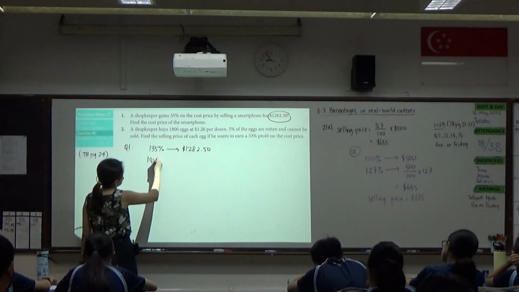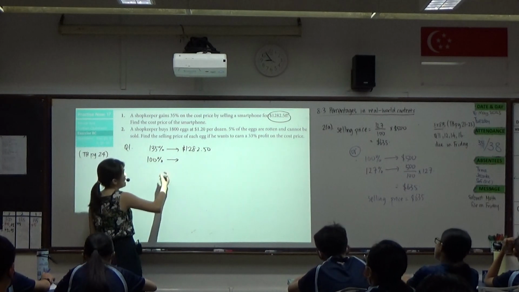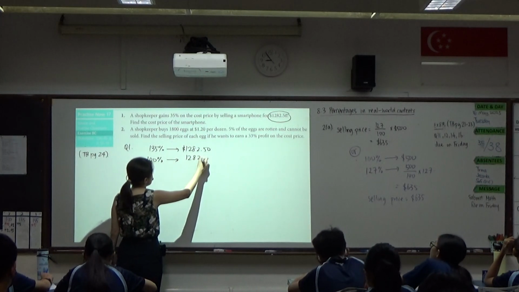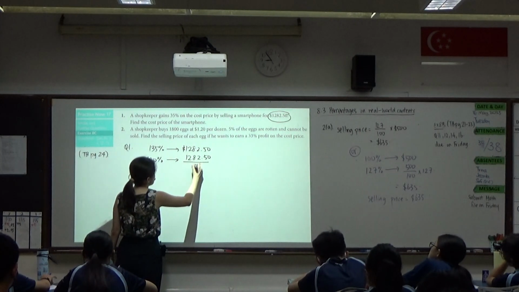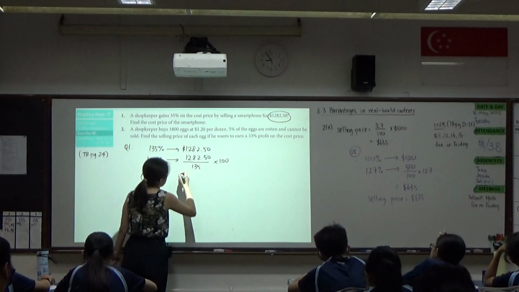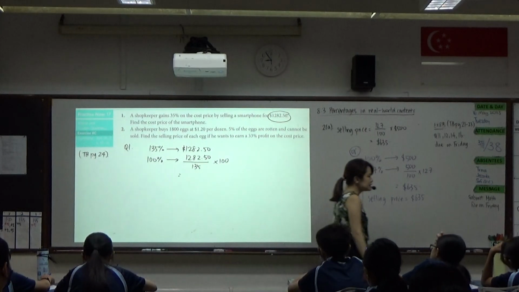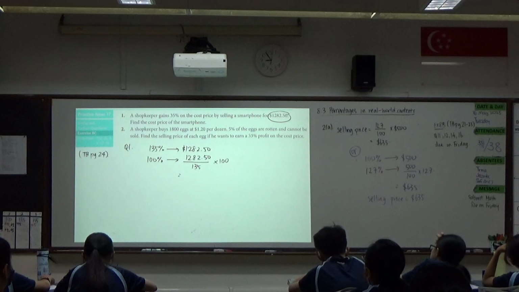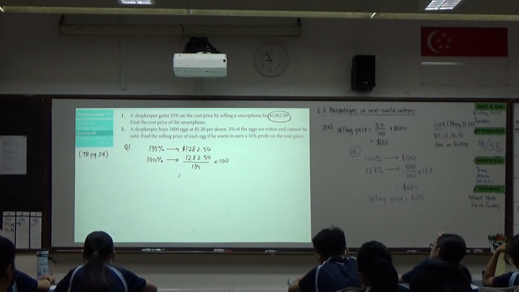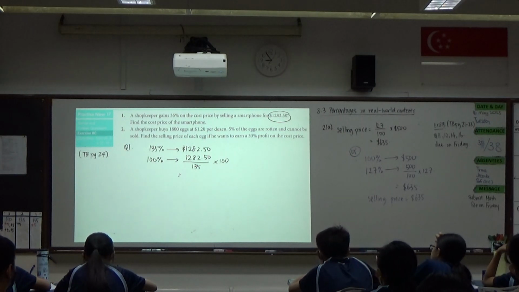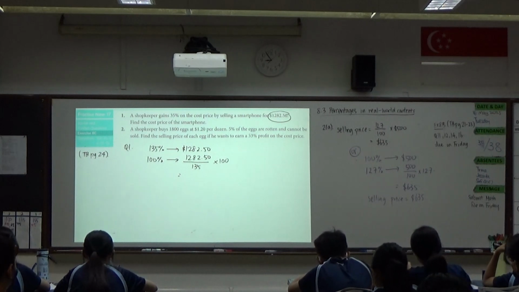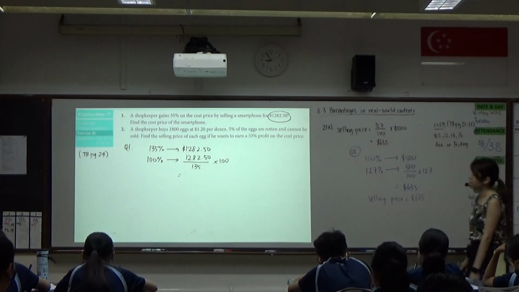So to find 100%, you will take 1282.50 over 135 times 100, such that we will eventually be getting $950.